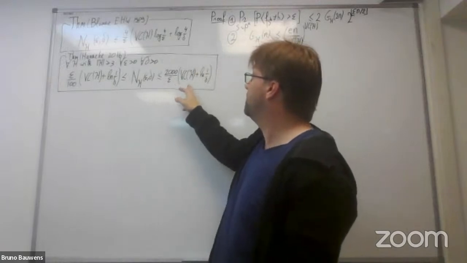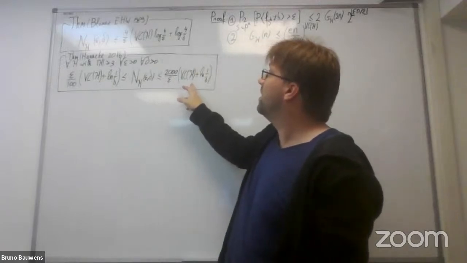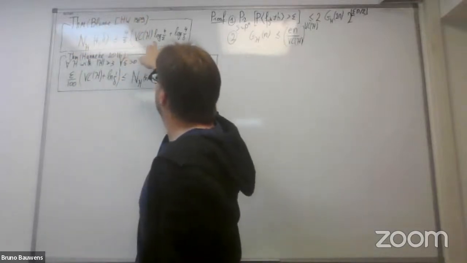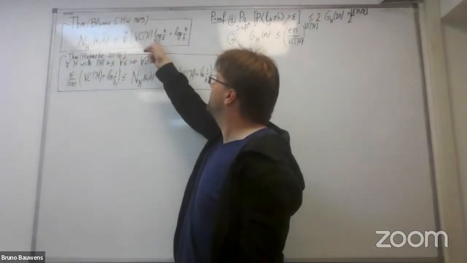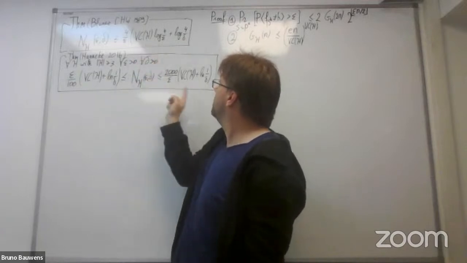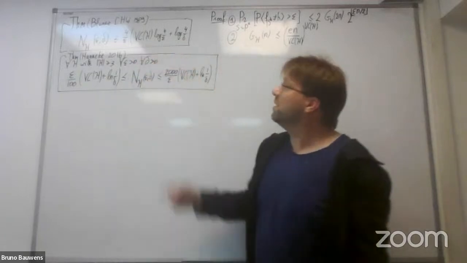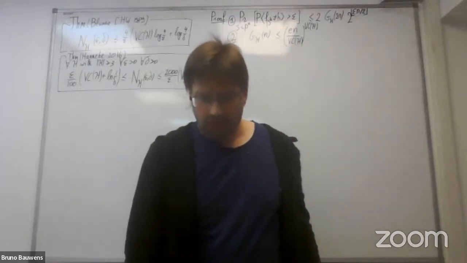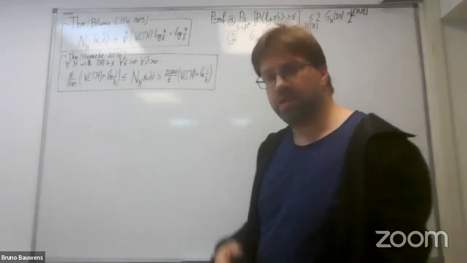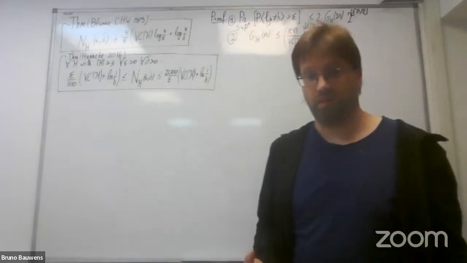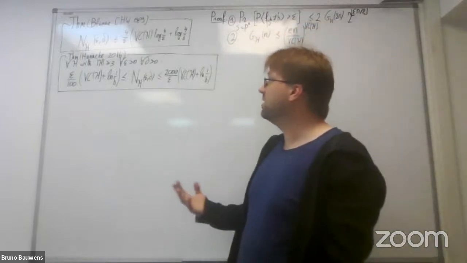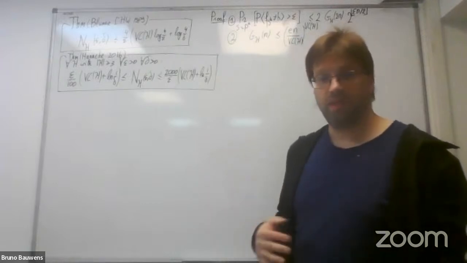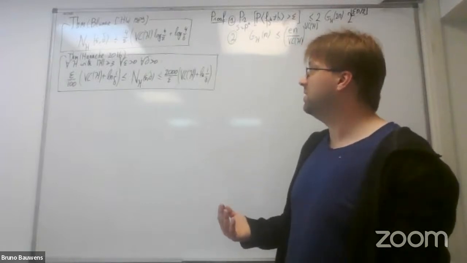The upper bound is difficult to prove, but a long time ago people proved an easier upper bound. This is a bit weaker because together with the VC dimension there is an extra factor log 4 over epsilon. And this result has another amazing consequence: a class is learnable if and only if the VC dimension is finite.